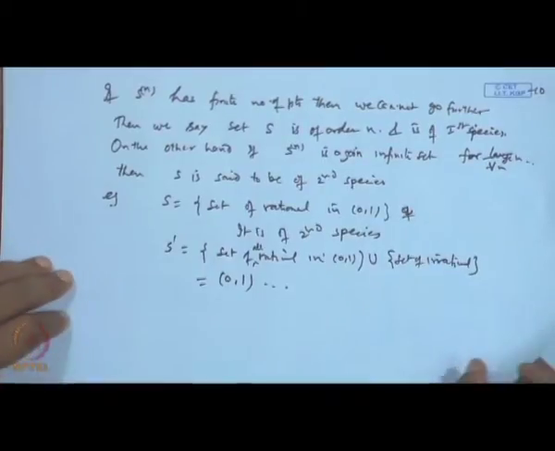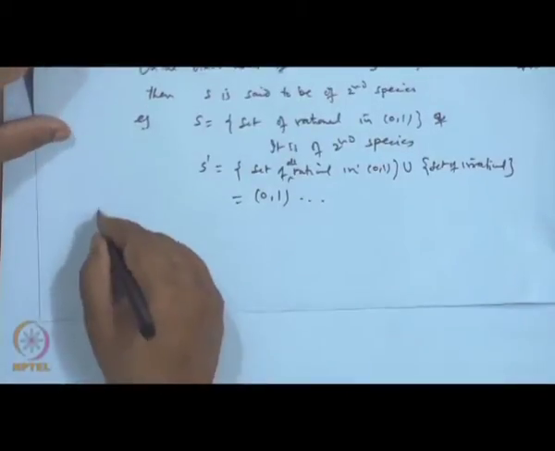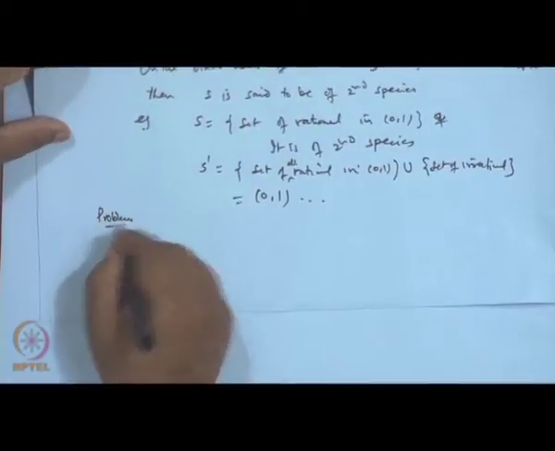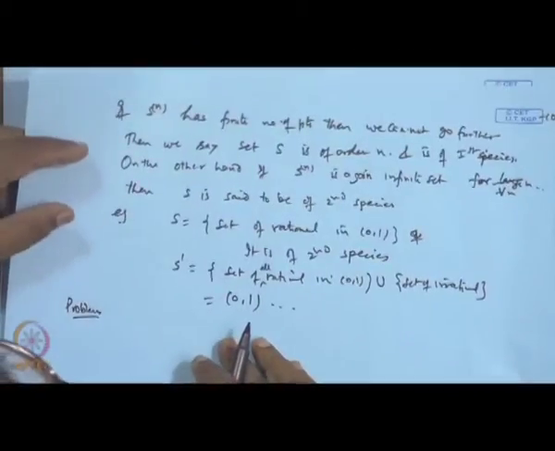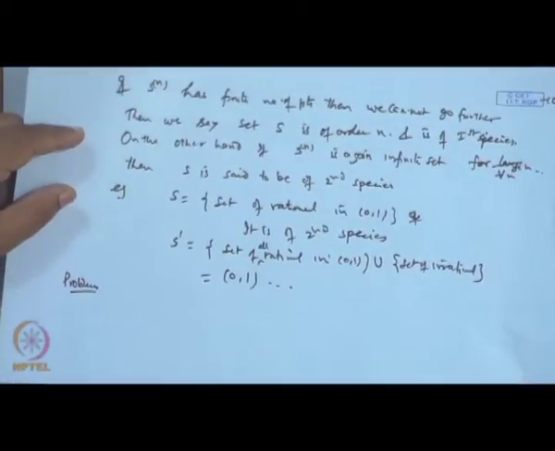Now, the next problem. In the problem which we have done, we showed the rational numbers are of second species. Okay.